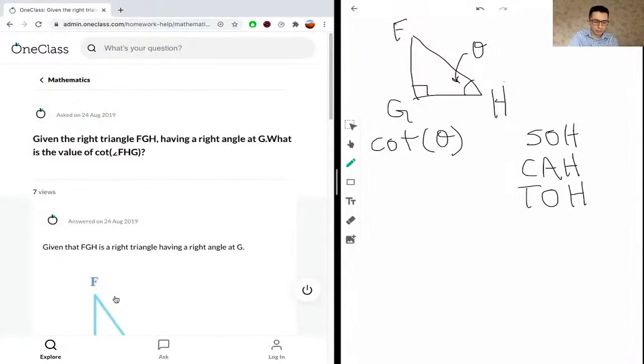Similarly, cos is equal to adjacent over hypotenuse, and TOA means tangent theta is equal to opposite over adjacent.